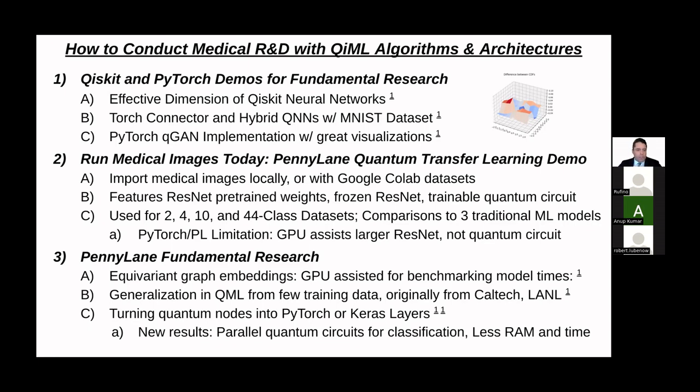And also this other demo, this generation in QML, this was some Caltech and Los Alamos National Laboratory individuals. And basically this is one of these quantum benefits of not having to use quite as much of the training data to check out as well.